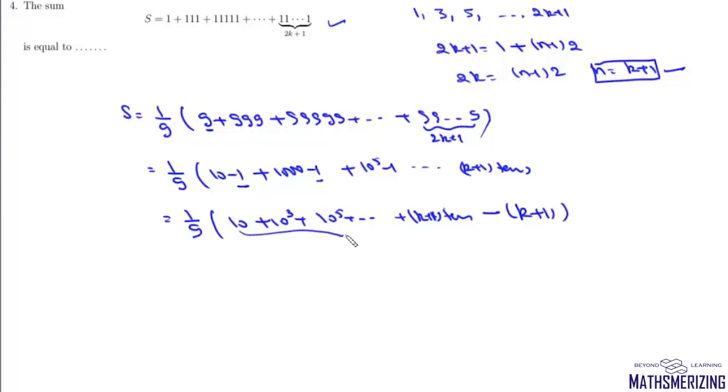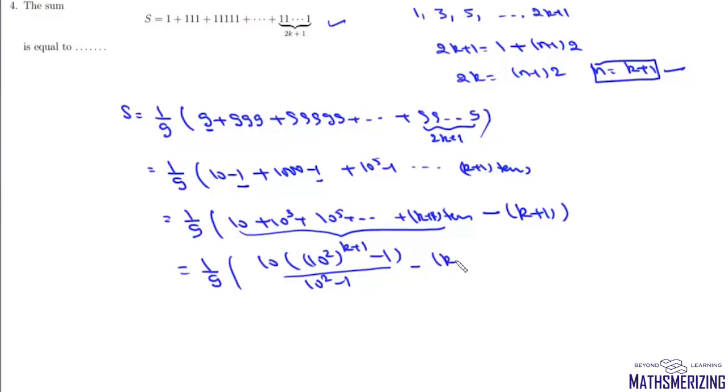Now this series is nothing but a geometric progression. So we can write the sum of this GP. So it will be 1 by 9. A in this case is 10, and then R is 10 square, to the power n. N in this case is k plus 1, minus 1 upon 10 square minus 1, and then minus k plus 1.